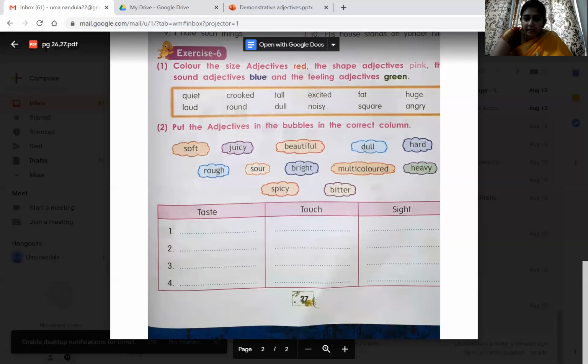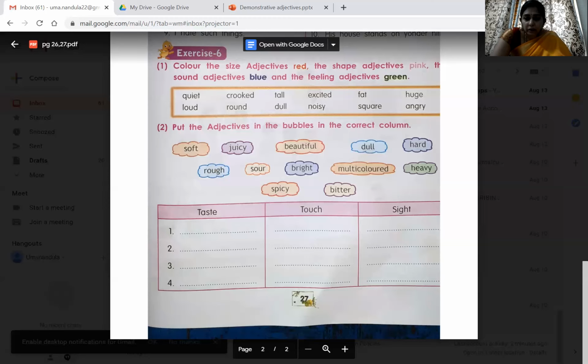Bright. By seeing only we can say whether it is bright or dark or dull. Multicolored. How can you say the cloth is multicolored? By seeing it, so it comes under the third column. Heavy. When you touch it, you'll feel whether it is heavy or light. So it comes under the second column.